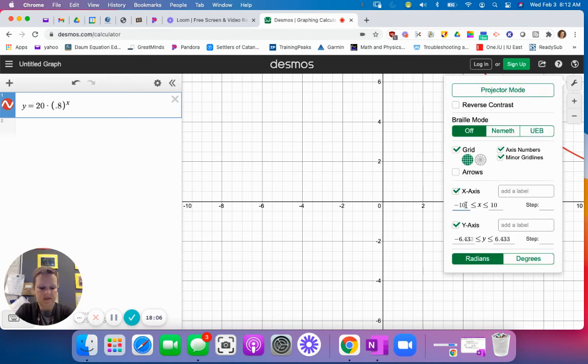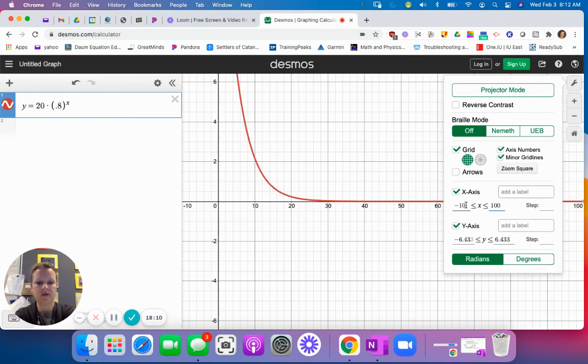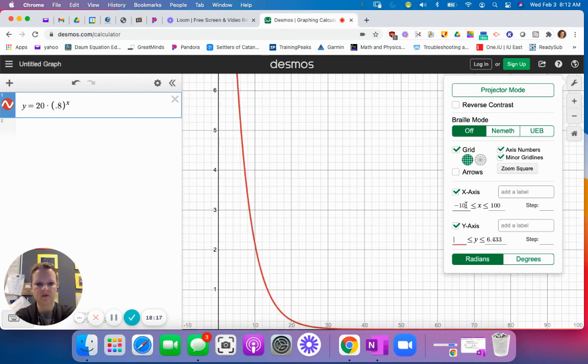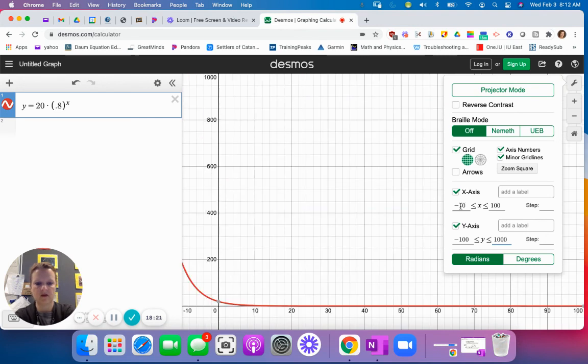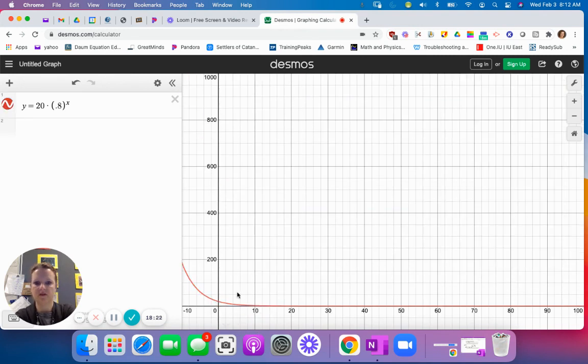If we do the one that's given, hours go from -10 to 100, and medicine goes from -100 to 1,000. All right, not useful. This is where all of our data is, and it looks like we're at 0 pretty quick. So that is not useful at all.